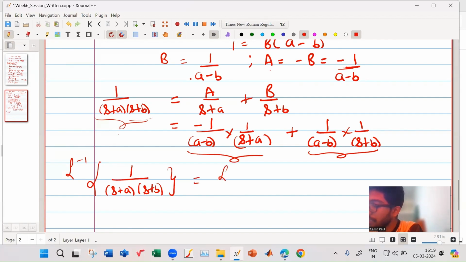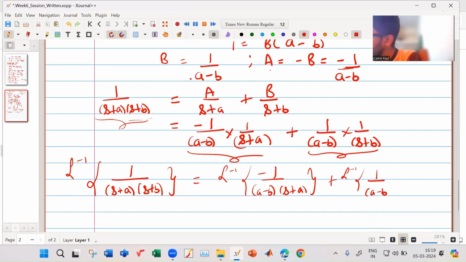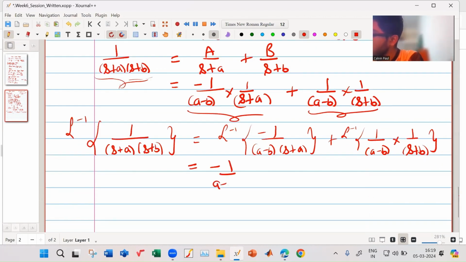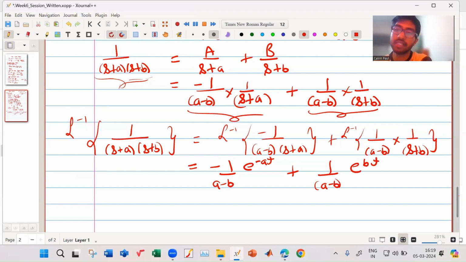That I can write as Laplace inverse of minus 1 upon A minus B into 1 upon S plus A, plus Laplace inverse of 1 upon A minus B into 1 upon S plus B. That turns out to be equal to minus 1 upon A minus B into e raised to minus AT, plus 1 upon A minus B into e raised to minus BT. Is it clear? E raised to minus BT, correct.